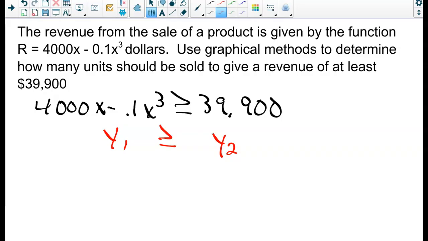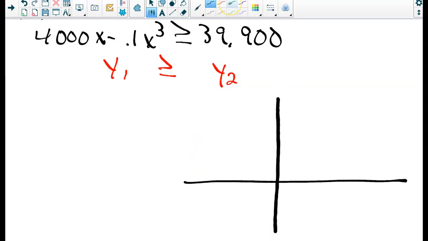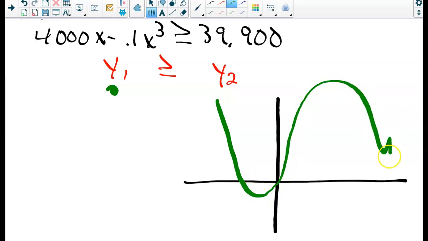Okay, so if I was going to graph this, I have my y1, put that in green, and that's a curve that looks like this. Makes sense because it's a cube. And then I have my y2, I'll use blue, that's a horizontal line, and it looks like this.